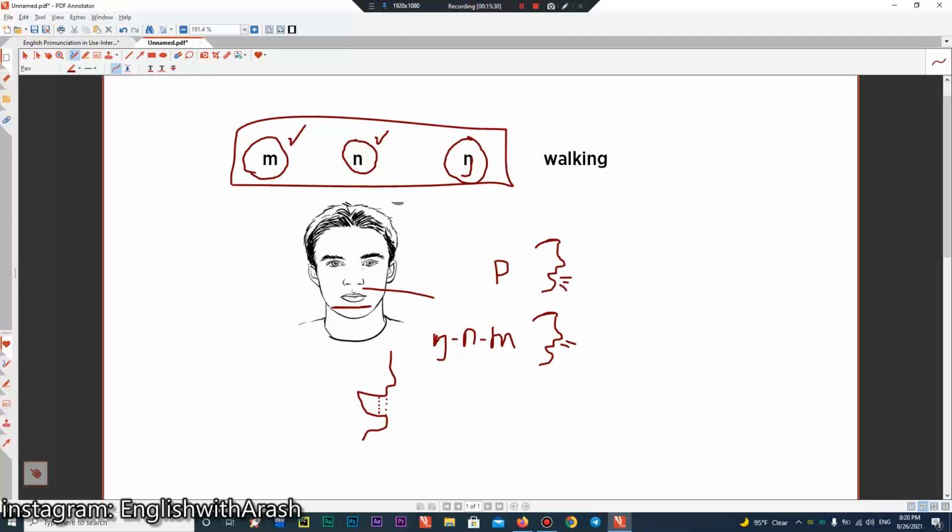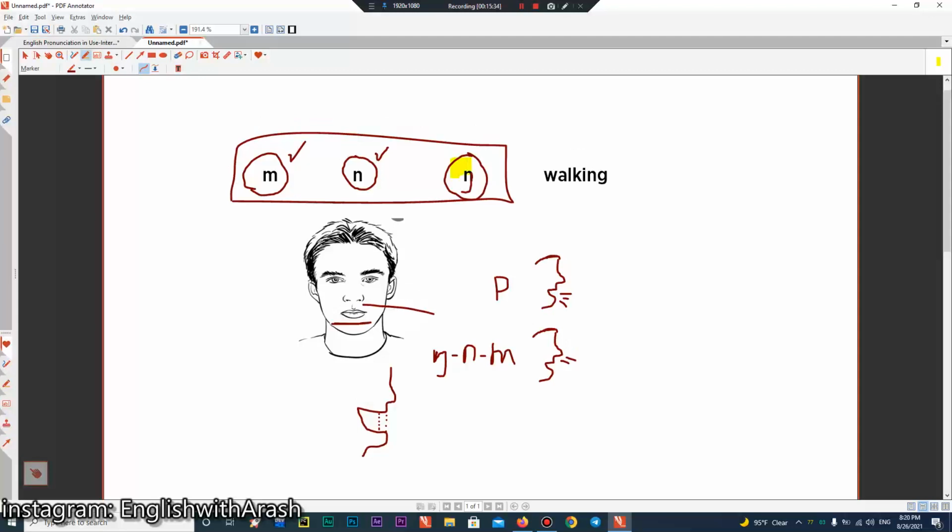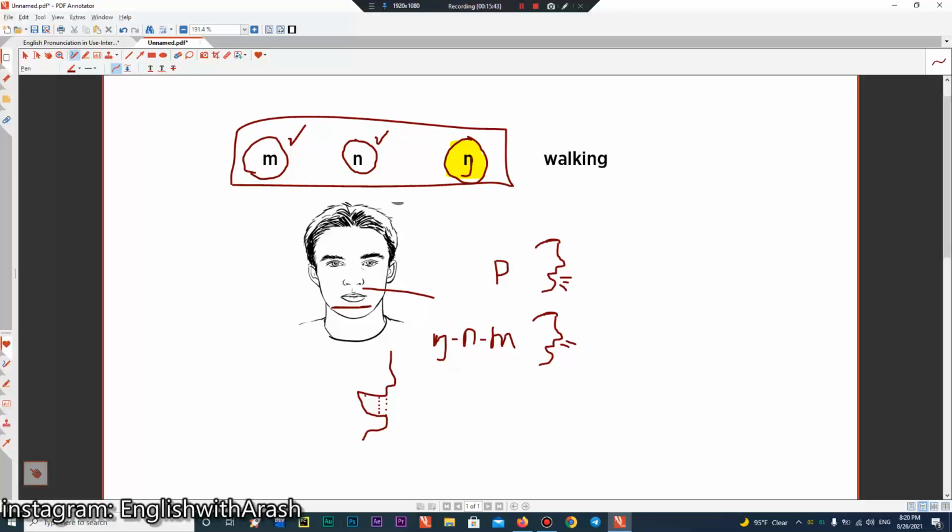But if I want to say this last one here, which is like walking, I stop the air even behind that, somewhere like here. I stop the air when I want to say this sound.